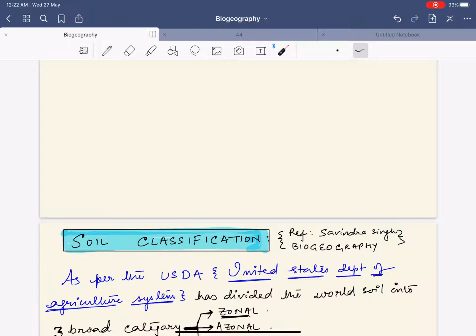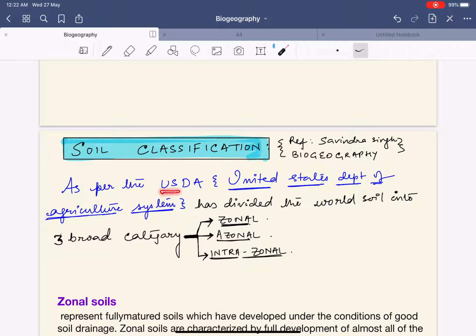Now let's start. As per the USDA, that is the United States Department of Agriculture system, the world soil has been divided into three broad categories: the zonal, the azonal, and intrazonal. From this itself, you can guess the meaning.